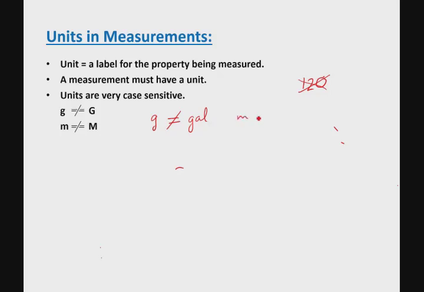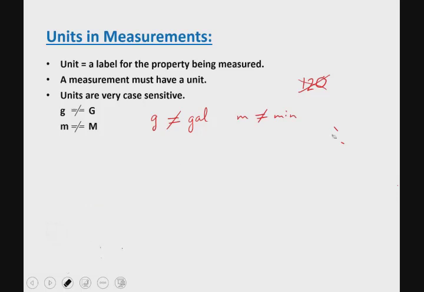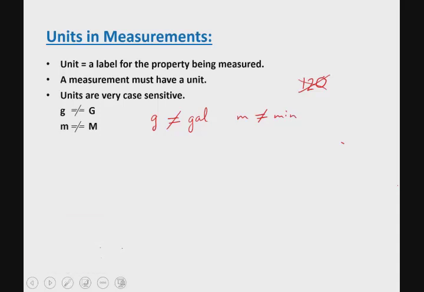M is not the same as min, because m is meters whereas min is minutes. So we have to be very careful as to how we write the units, because units are not only case sensitive, they are also symbol specific. So units are extremely important and we need to pay attention to the units.